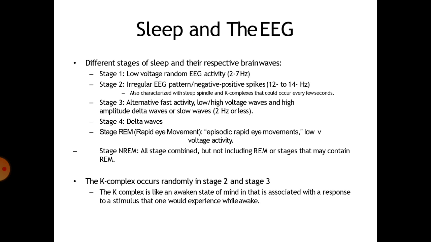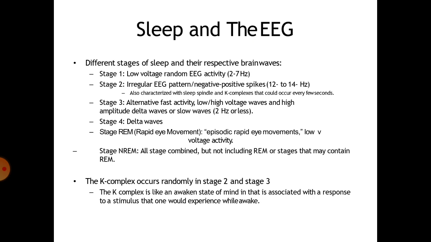Next, sleep and the EEG: different stages of sleep and their respective brain waves. Stage 1, low voltage random EEG activity. Stage 2, irregular EEG pattern, negative and positive spikes.